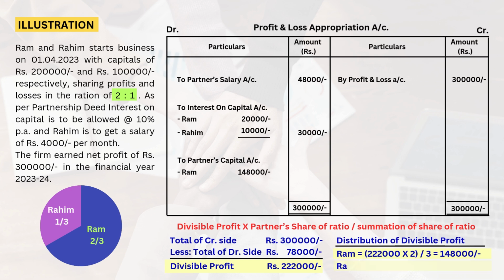Similarly, Rahim's share will be 2,22,000 into 1 by 3, that is rupees 74,000. Thus, profit and loss account will be closed.